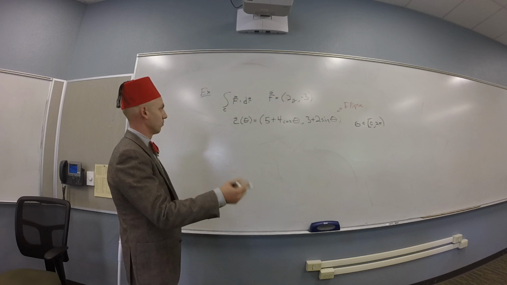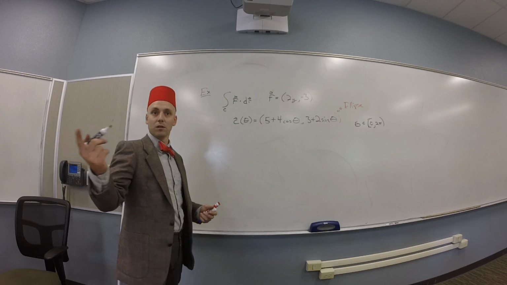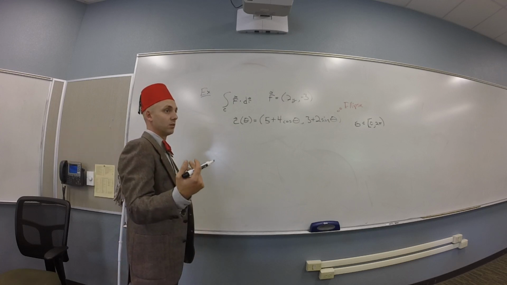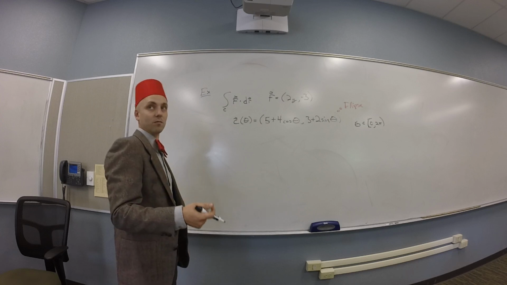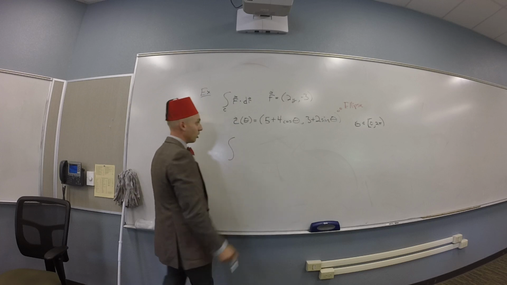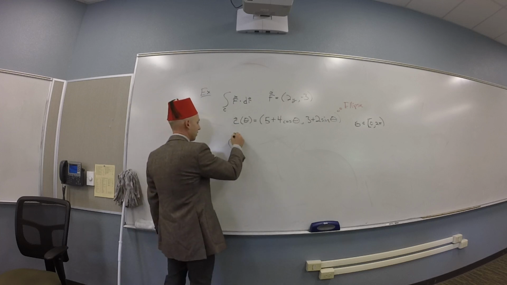What do you do? So do we split between x's and y's? You can, or you can do it the other way. I'm going to do it the other way. So where do your thetas range? 0 to 2 pi.